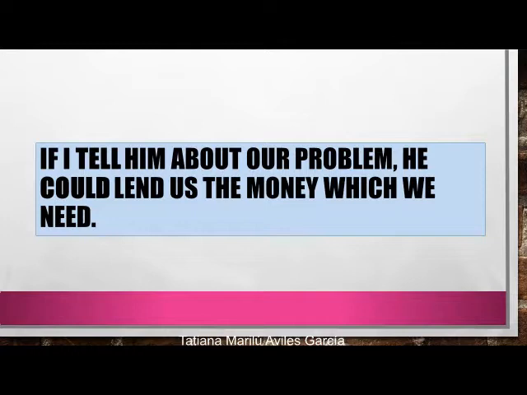If I do this, maybe he could lend us the money which we need. We are not sure about it because we are not sure if he wants to lend us the money, or maybe he has a problem. We don't know.